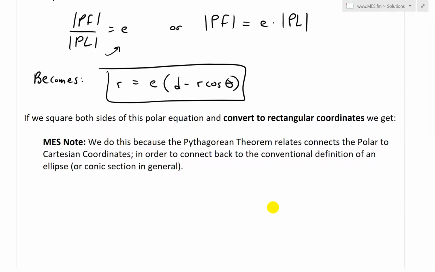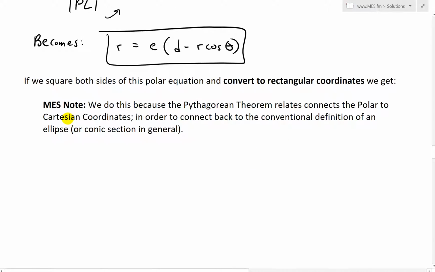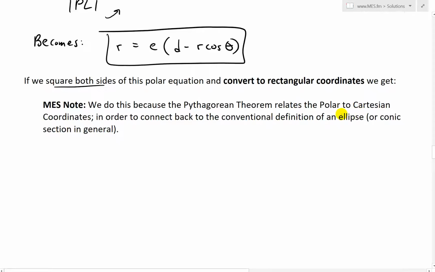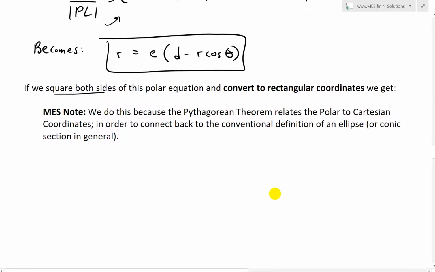And now what we could do is, if we square both sides of this polar equation and convert to rectangular, or Cartesian, coordinates, what we get is, and before I get to that, we want to make a note here. So we square both sides and convert to rectangular coordinates. We do this because the Pythagorean theorem relates the polar to Cartesian coordinates. And again, this is in order to connect back to the conventional definition of an ellipse or conic section in general, which was in rectangular, or Cartesian, coordinates as illustrated at the start of this video.